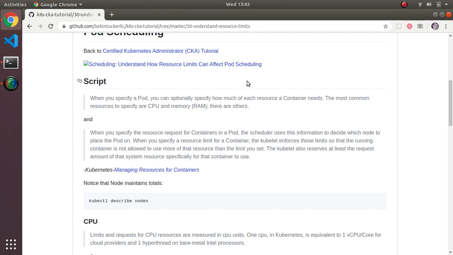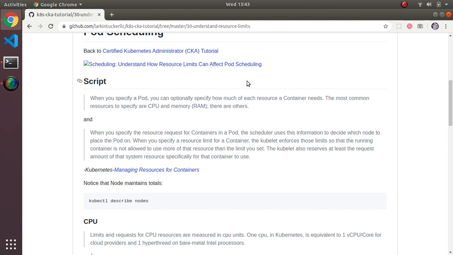And you don't have to supply both. You can supply one or the other or both. But limit says, okay, this is the most I'm going to use. If you exceed that number, the node, or the kubelet, is going to take some action.